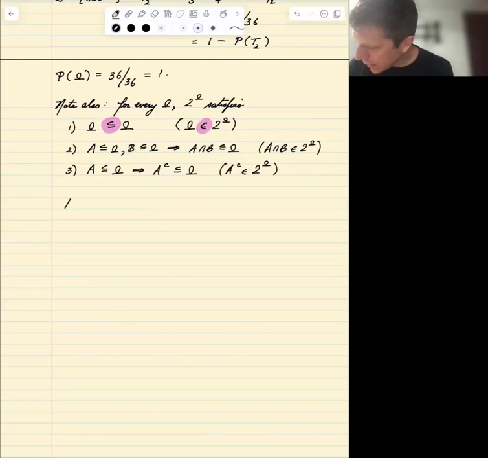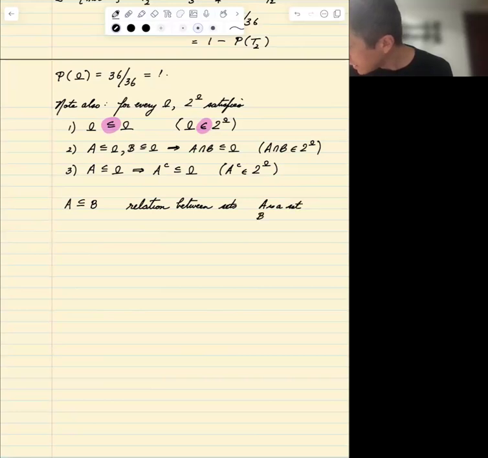A is a set, B is a set. We're regarding A as a set, we're regarding B as a set, and we're saying A is a subset of B.